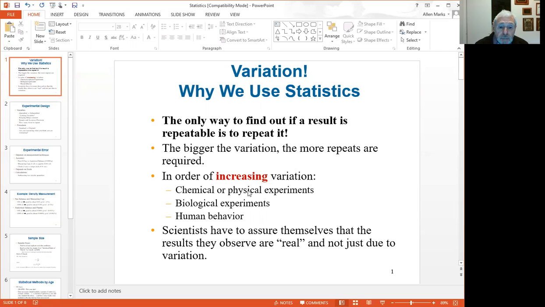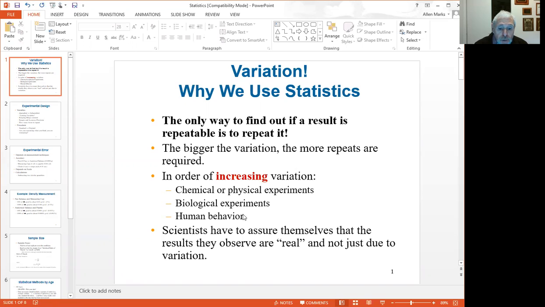Now, typically, chemical and physical experiments are fairly repeatable. Biological experiments, like how high a certain plant will grow in a certain amount of time, that's somewhat more variable. And therefore, if you do an experiment like that, you need to have several different plants and you need to do repeats.